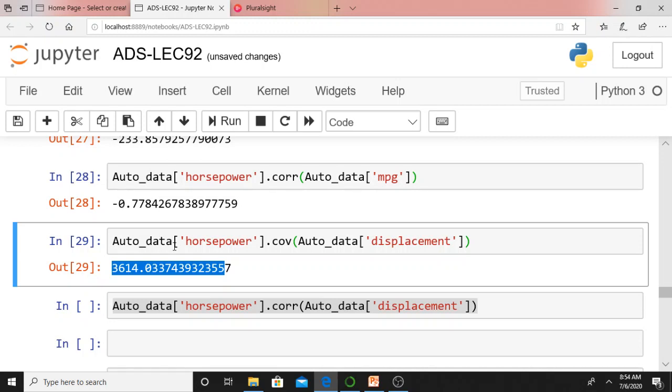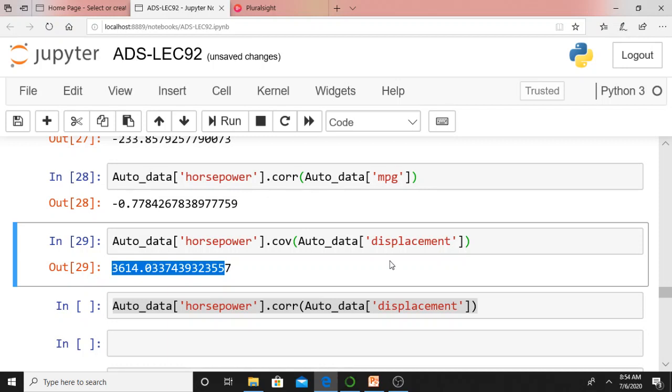This makes me curious about the relationship between horsepower and displacement. That's what I did: horsepower and displacement. Let's calculate the covariance here, and you can see that 3614.033 is positive, indicating a positive relationship.